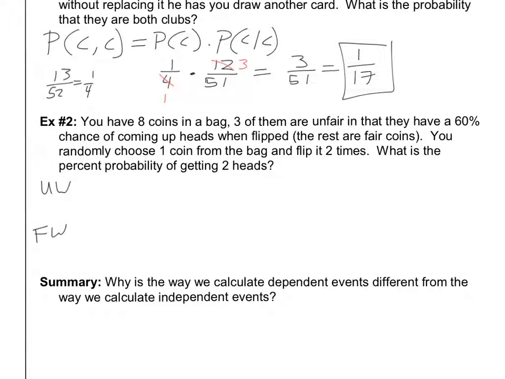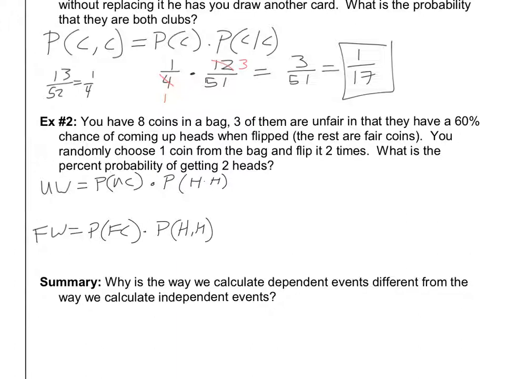So the unfair way would require the probability that you draw an unfair coin, and then times the probability of getting heads. The second is the probability of you drawing a fair coin, and then times the probability of you getting heads.